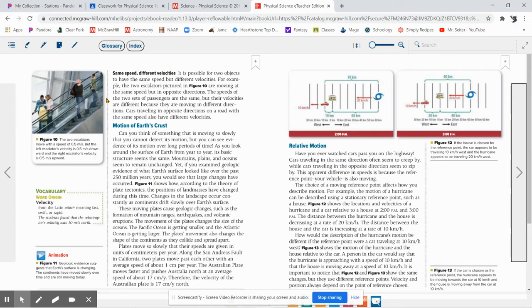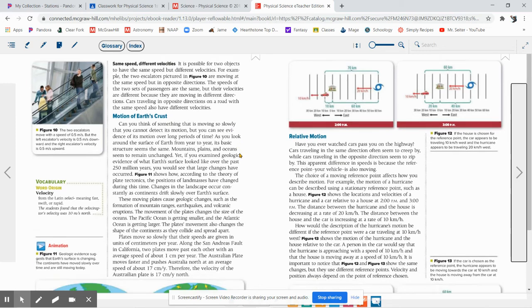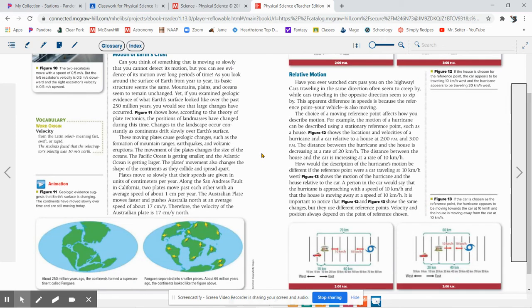Okay, so in the last notes, I talked about relative motion, motion you are unaware of. Right here, motion of the Earth's crust. This is plate tectonics. There's going to be a small question on the homework over this. It is relative motion, motion that you are unaware of.